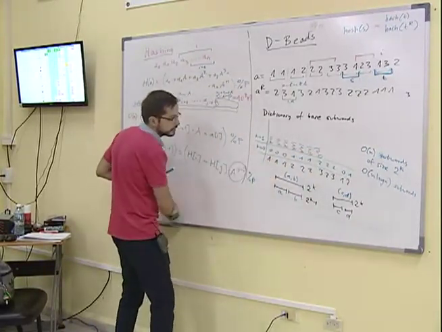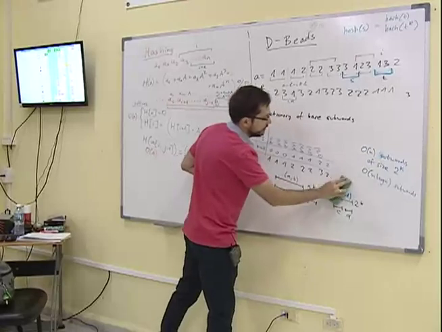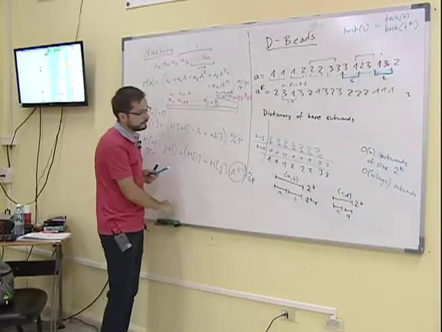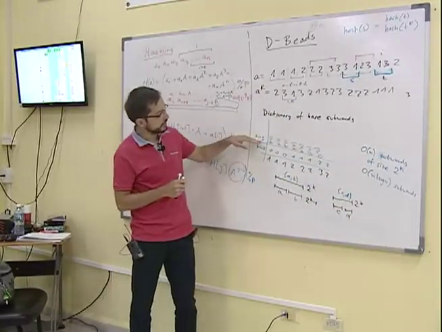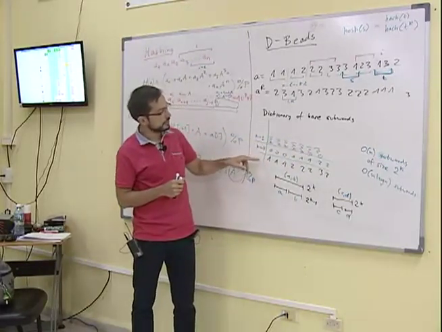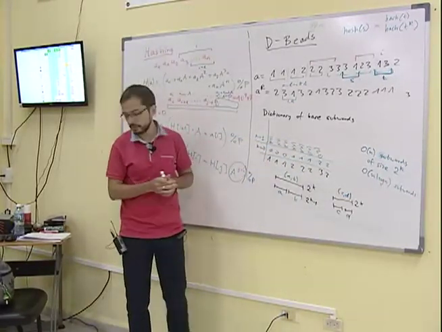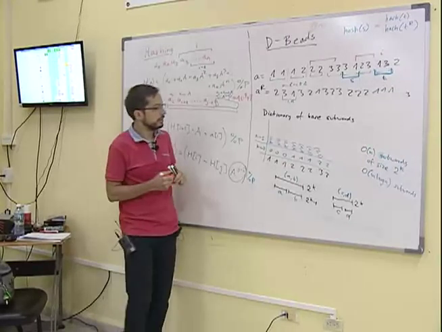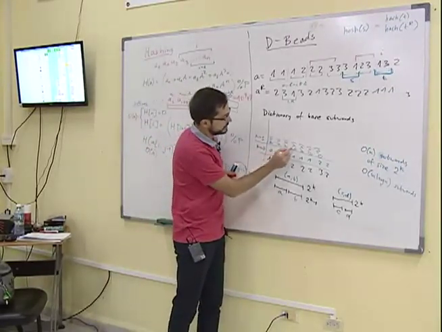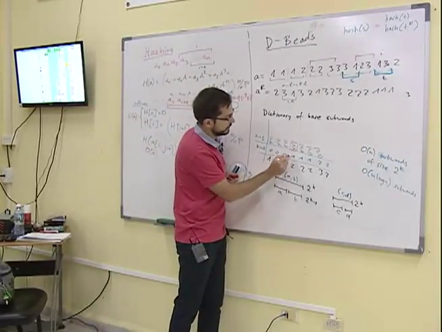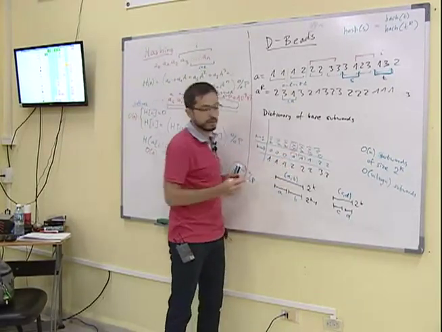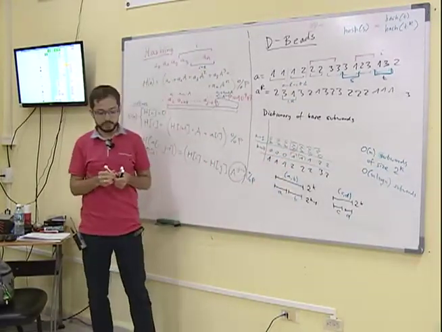I think I will just make this example a little shorter. All right? So these are the pairs from the substrings of length 2. For instance, this one comes from the fact that here we have 1 and here we have 1. All right?